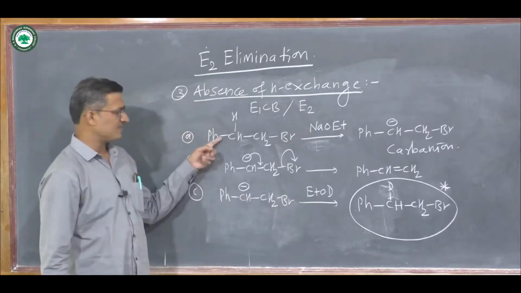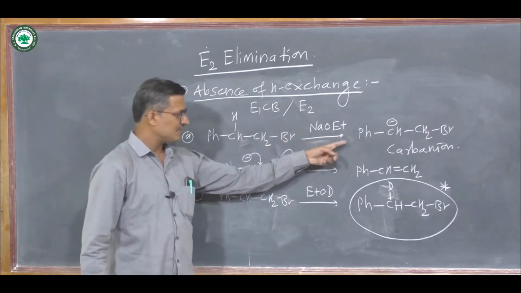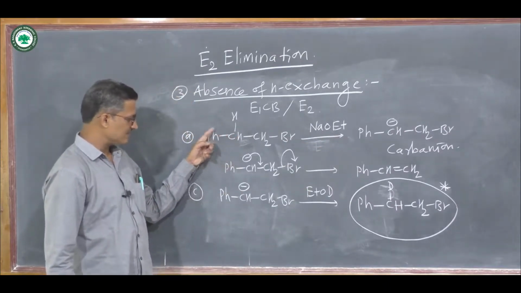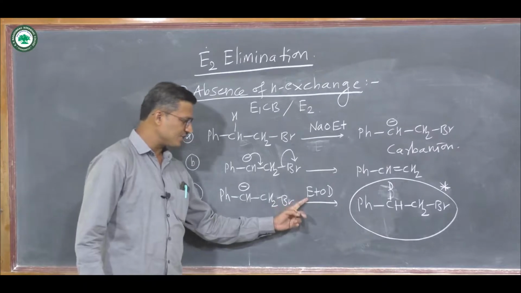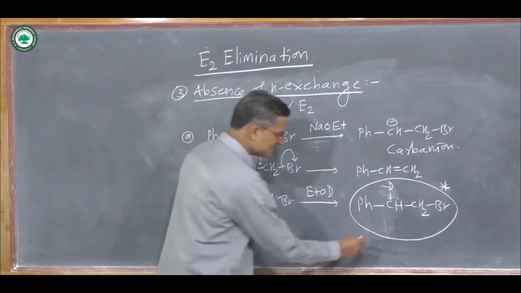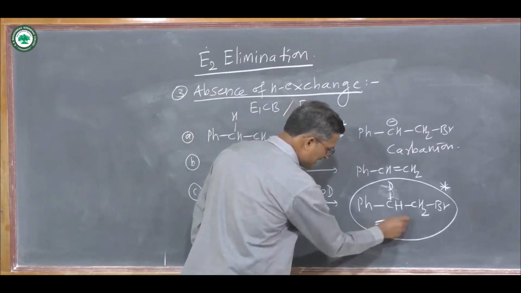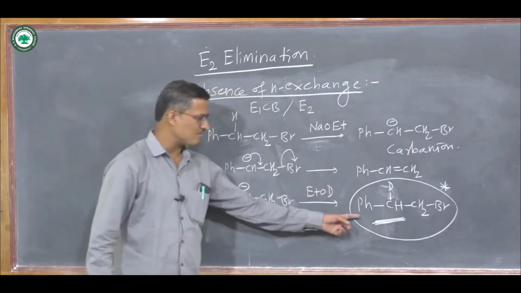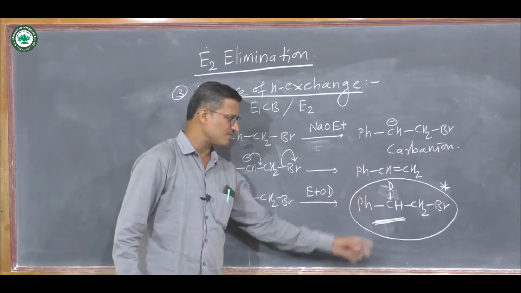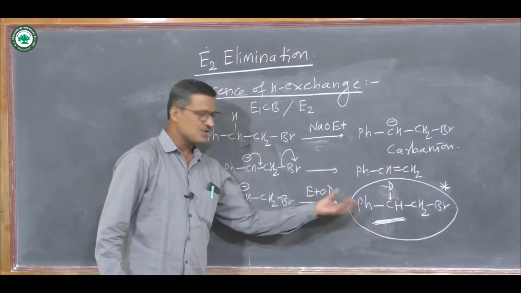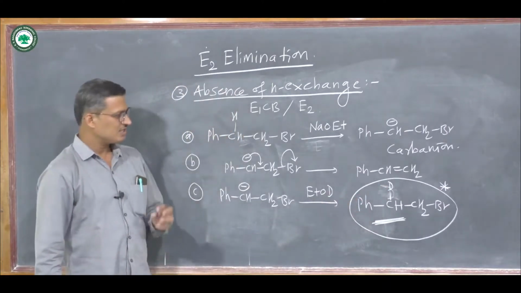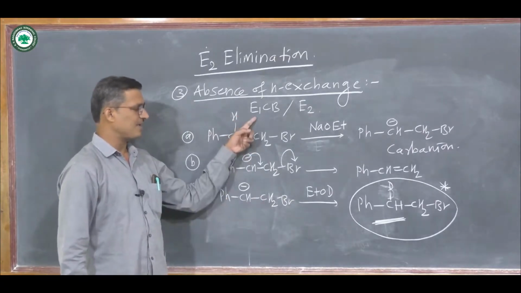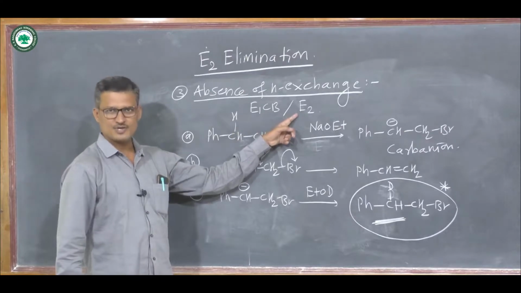We take the substrate, base, then formation of carbanion. Once 50% carbanion formation takes place, we add deuterated ethanol, and this deuterated product forms. This is your starting compound, with deuterium instead of hydrogen. If we get such compounds in the reaction mixture, then the substrate follows the E1CB mechanism but not the E2 mechanism.